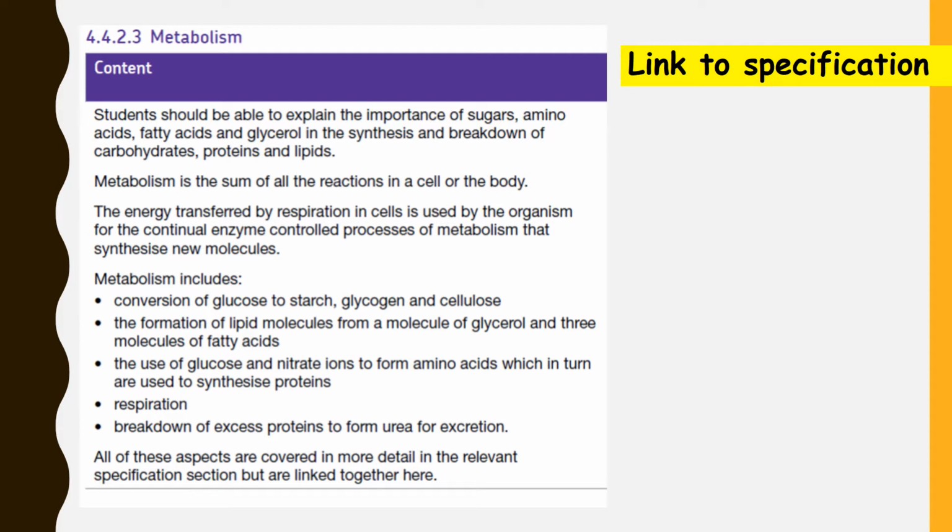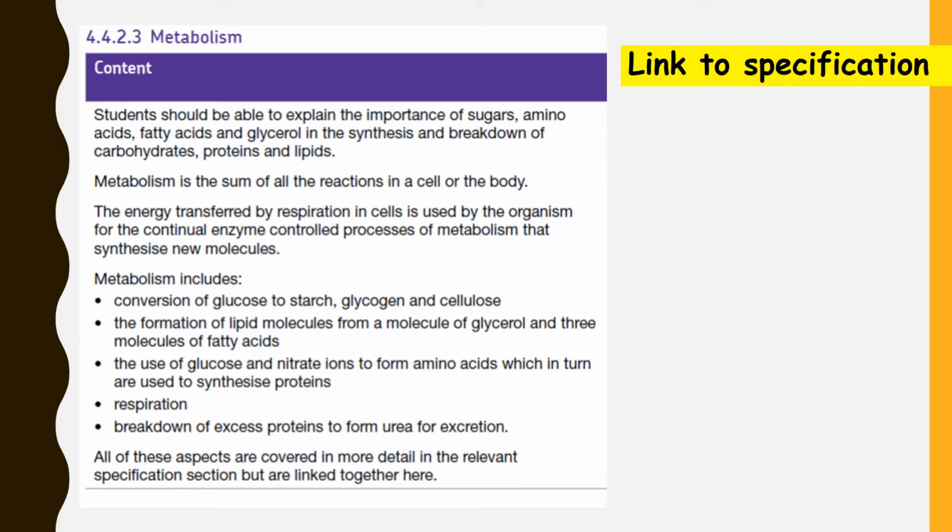Okay, so this is how it looks in the specification. You should be able to explain the importance of sugars, amino acids, fatty acids and glycerol in the synthesis and breakdown of carbohydrates, proteins and lipids. That links in very well with the digestive system and how those nutrients are broken down. We need to know that metabolism is the sum of all the reactions in the body, and that energy transferred in respiration is used in enzyme processes.